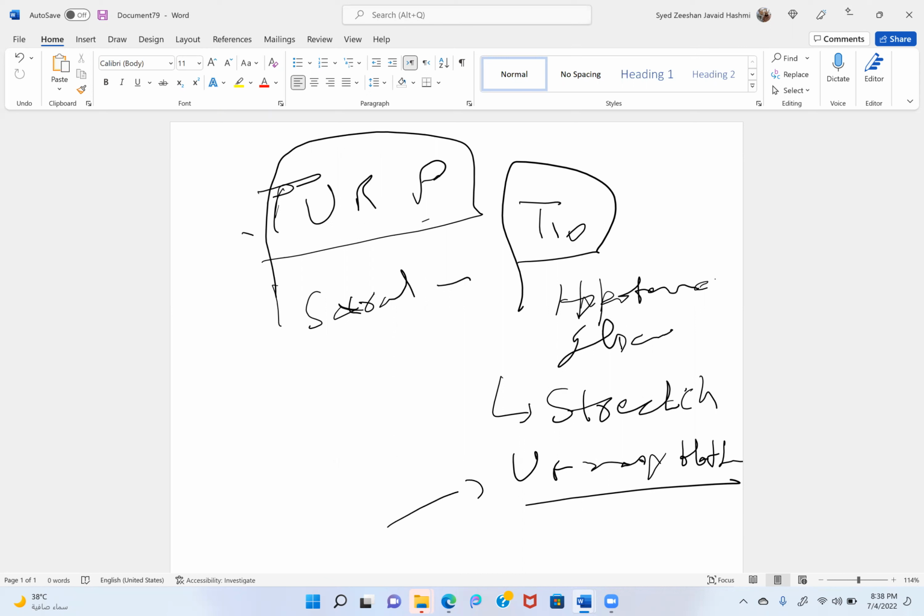That is the reason you need the block up to T10. For TURP, traditional anesthetists practically give saddle block, but if this question is asked in the exam, you have to write T10. So these are some basic things.